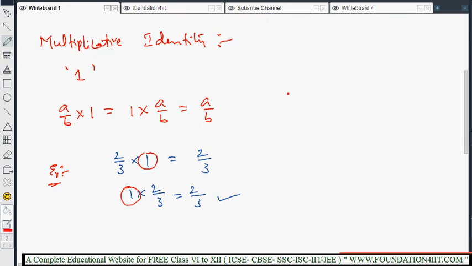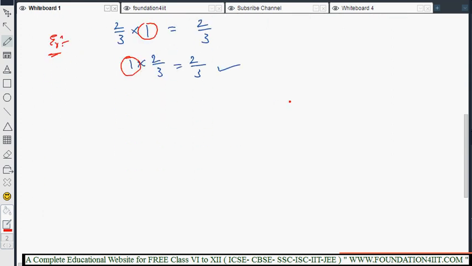Now multiplicative inverse. Inverse means, for every non-zero rational number, for example a by b, what should I multiply to get the multiplicative identity?